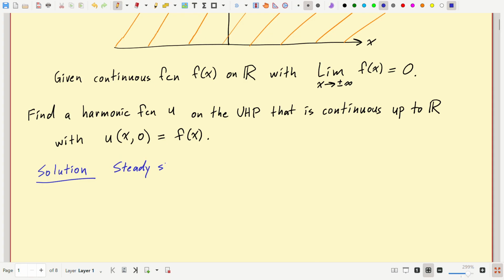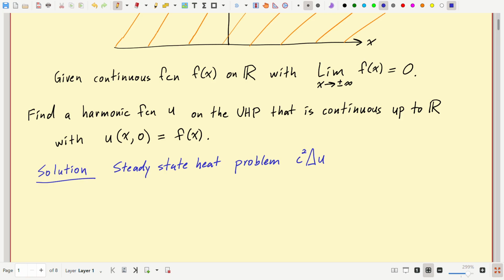We assume that we slap on heaters and refrigerators to make the temperature on the real line f of x, and then we wait for the temperature to stabilize in the upper half plane. So it's a steady state heat problem. And the two-dimensional heat equation, often there's a c squared here that is a constant depending on the thermal properties of the medium.